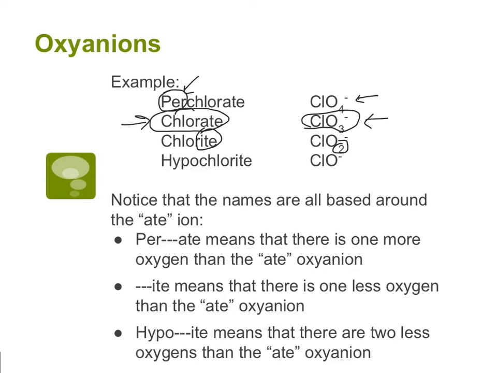So it becomes a chlorite instead of a chlorate. And finally, if you have two less oxygens than the main ion, so instead of ClO3 you have just ClO, then you need to use the hypo in front of the name with the ite ending. So this would be our hypochlorite ion.